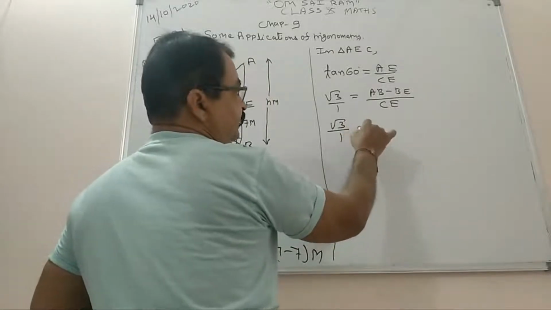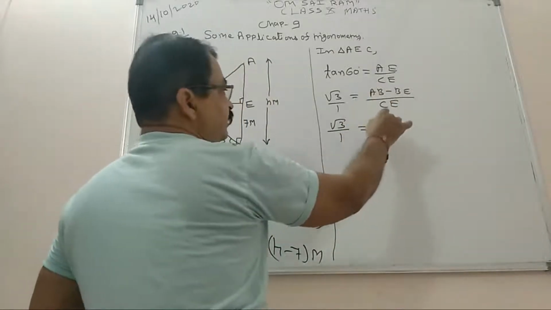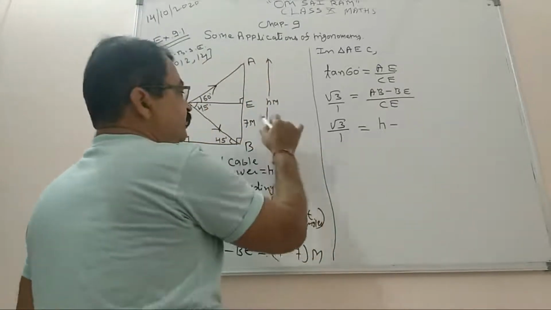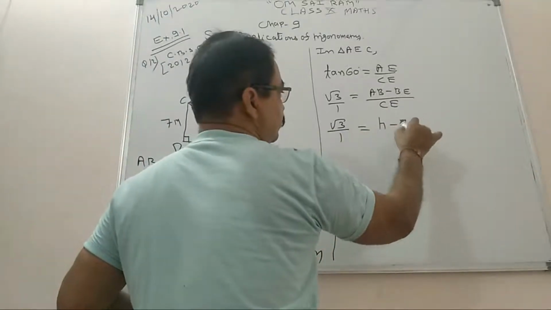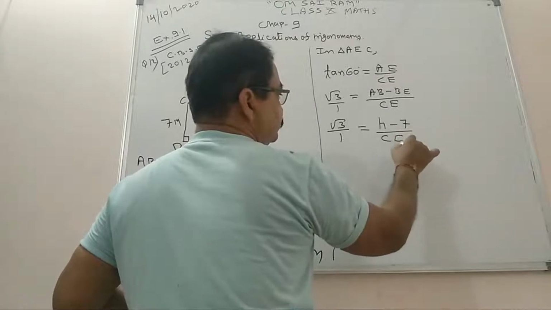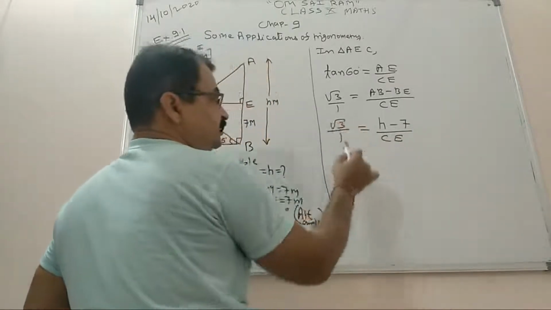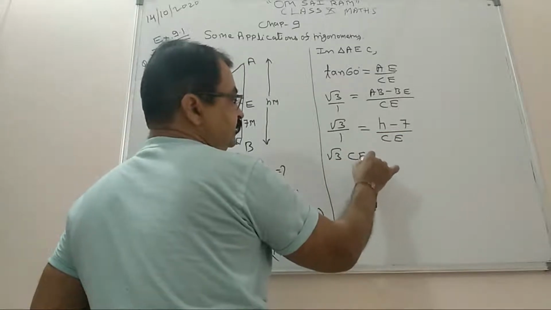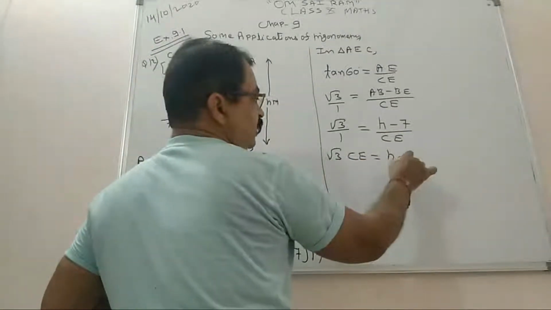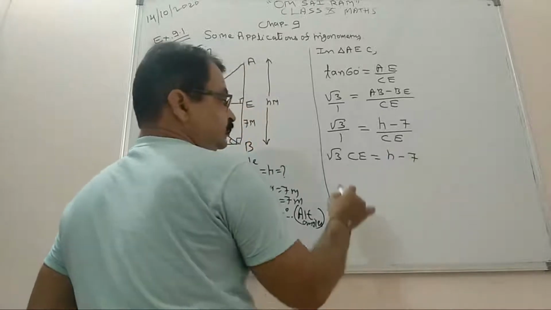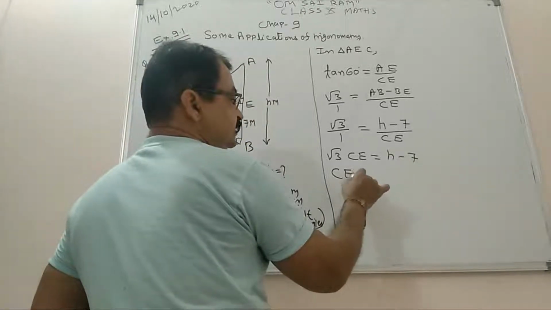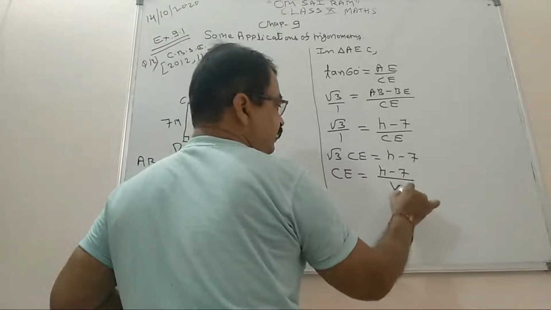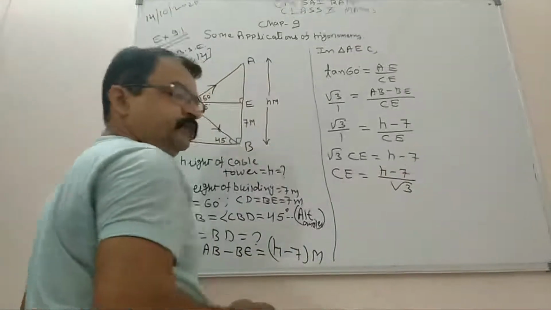Root 3 by 1 equal to AB, we assumed the height of the cable tower as H, and BE is equal to 7, upon CE. Do the cross multiplication. So what will you get? Root 3 of CE is equal to H minus 7. So CE will equal H minus 7 upon root 3, right?